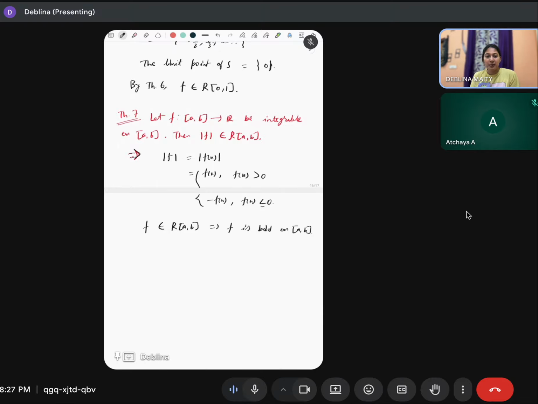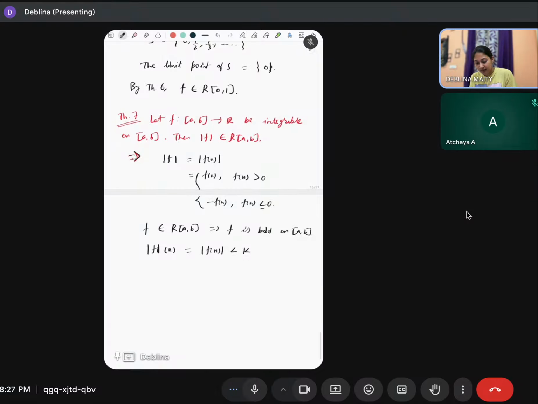Now f is bounded means mod f is also bounded, because mod f of x is actually mod of f(x), which is less than or equal to some k, as f is bounded. So this implies mod f is also bounded. Right.